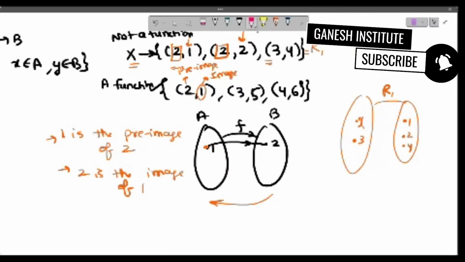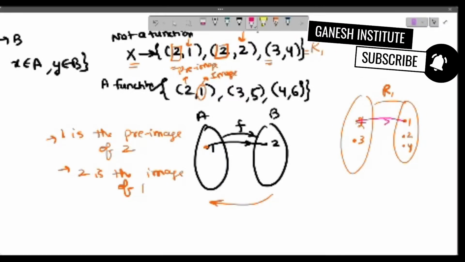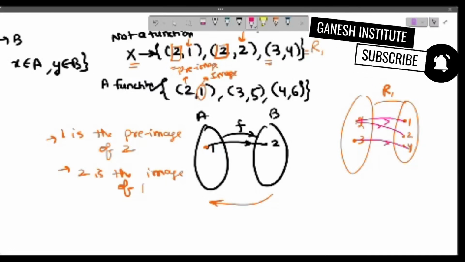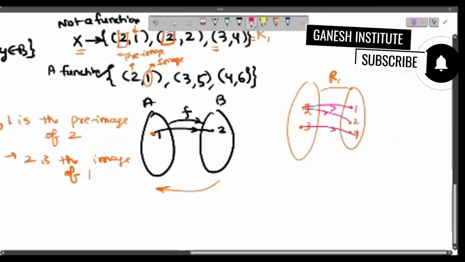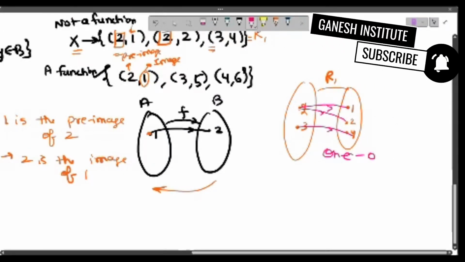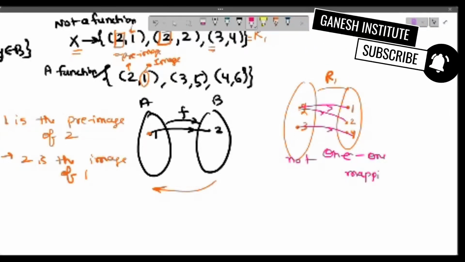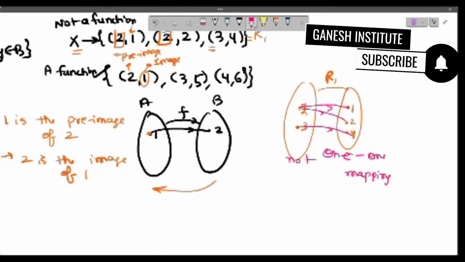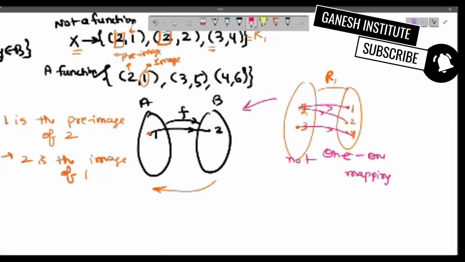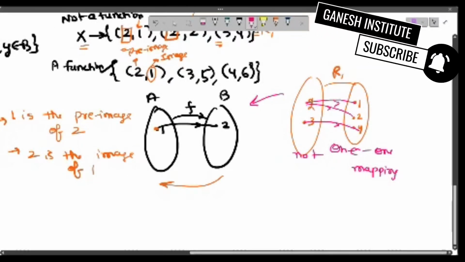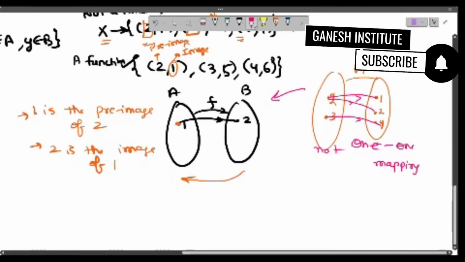I'll see that it is 2 with 1 and 2 with 2 and 3 with 4. It is not a 1-1 mapping. So a relation becomes a function only when it is a one-to-one mapping, yes, 1-1 mapping, no two images.